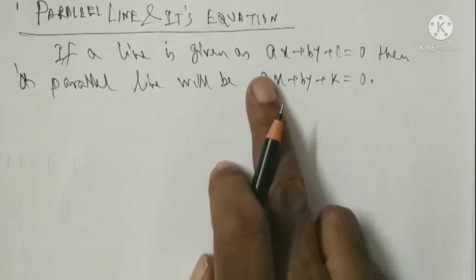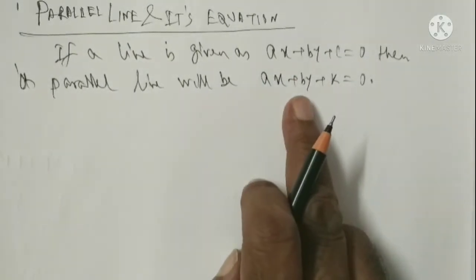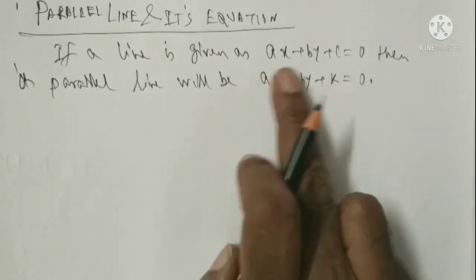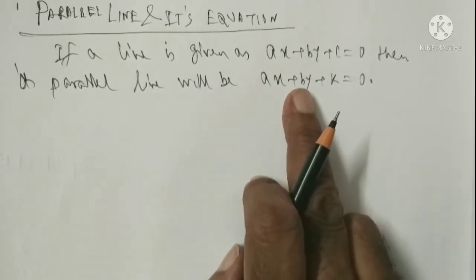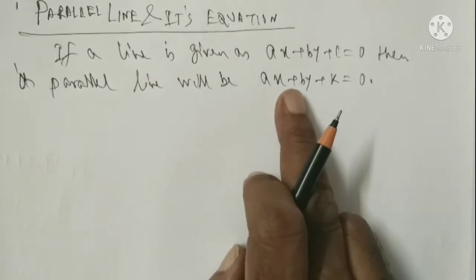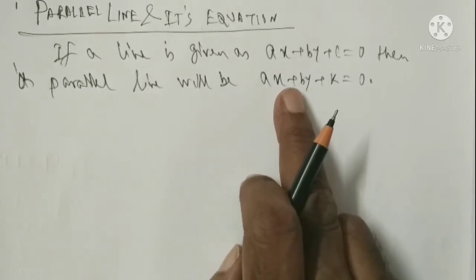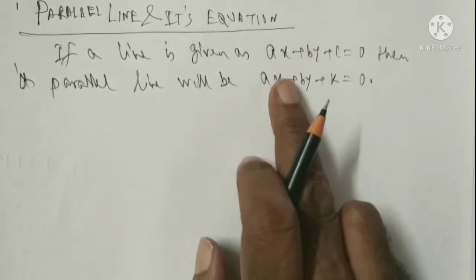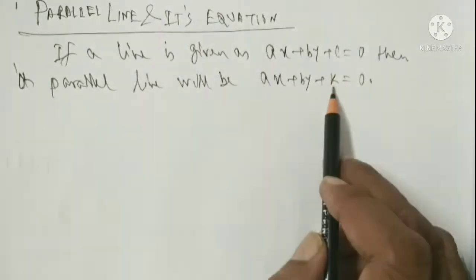Why this? Because the a and b coefficients will be the same, which means the slope of parallel lines is always equal, and from b and a we can derive the slope. Here the slope is equal, that's why we are just changing the constant term, the third term.